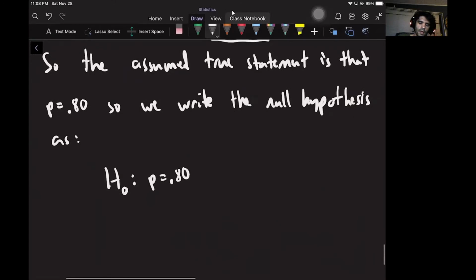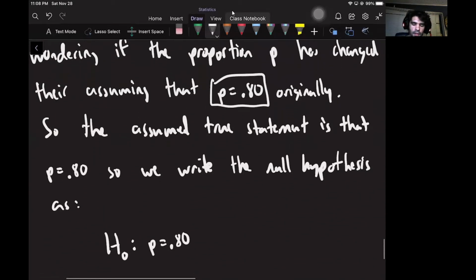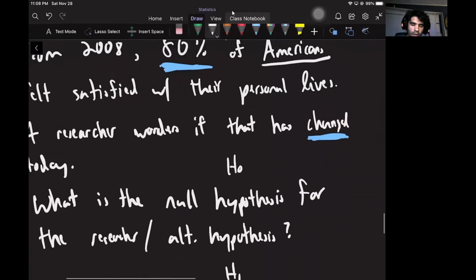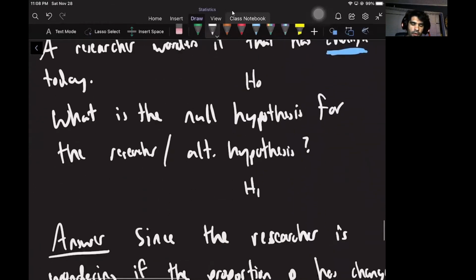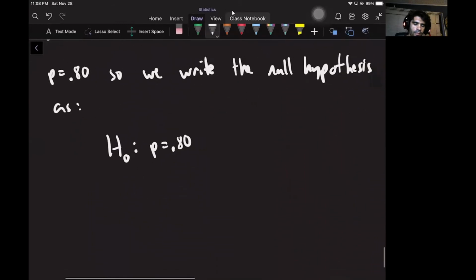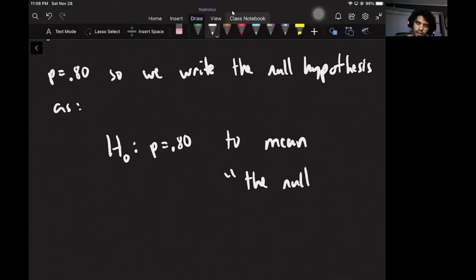But really this is saying a whole bunch more. This is saying all this stuff up here. This is saying that the researcher is assuming that the proportion of Americans that are satisfied with their personal lives is 80% already. So they're assuming that, and that's why I write this. But you don't have to write all that every time. You just have to write what I just wrote. But what it really means is all this. The null hypothesis.